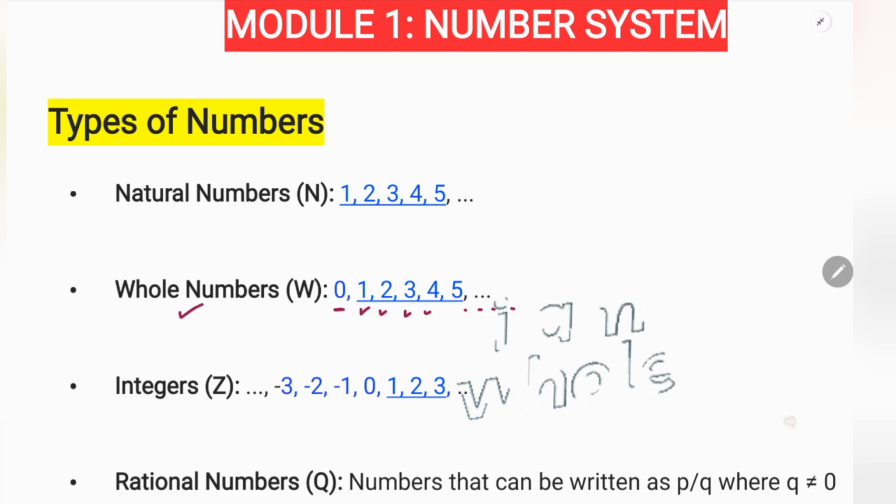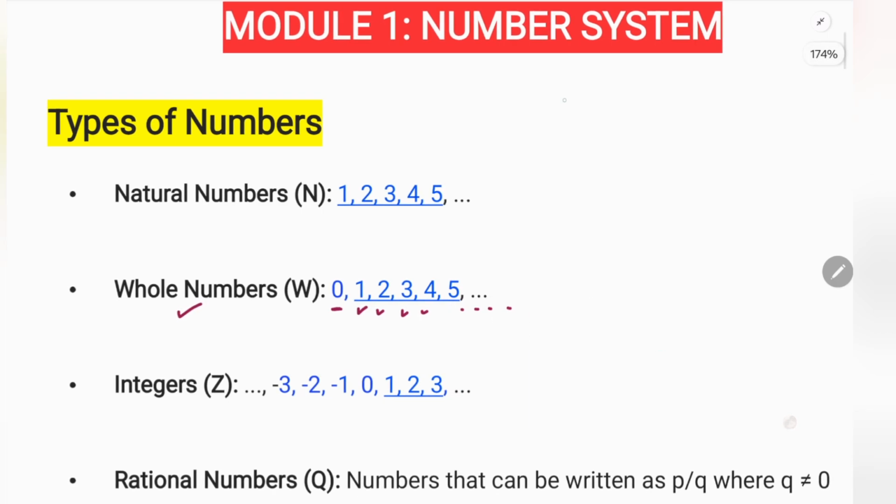So first we have natural numbers and then we have whole numbers. So that means whole numbers are bigger than natural numbers. Natural numbers are the smallest and whole numbers have just one extra number, and that is 0. Okay, and after that come integers.